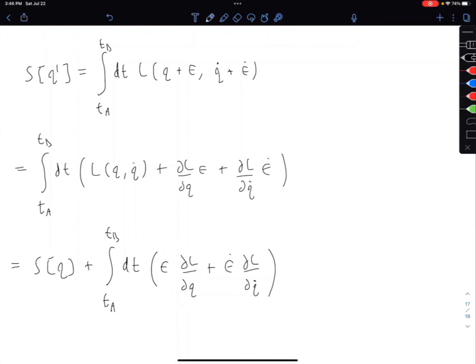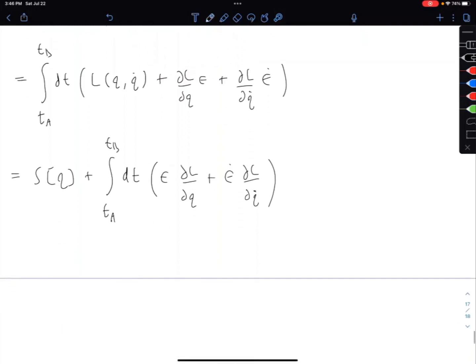And the point is this: I assumed a completely general Lagrangian here, so I didn't actually put in yet that it was a symmetry. We can only have a hope of it being a symmetry when epsilon is constant. But that means that we need this term to be 0, that is, dL/dq is equal to 0.